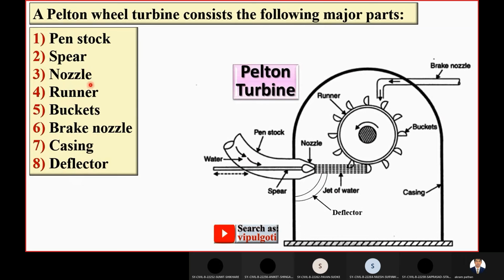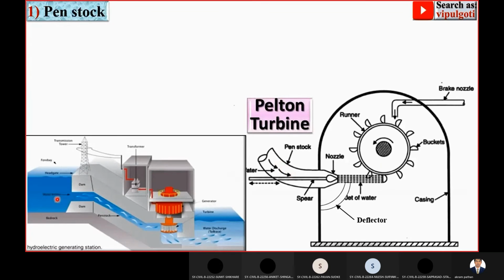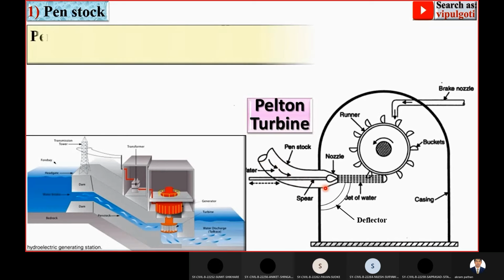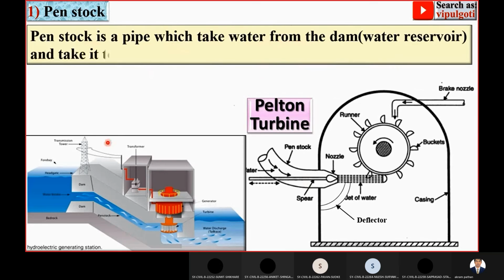Now one by one let us see the assembly, starting with the penstock. Penstock means a large diameter pipe which is connected to the dam, and its outlet is connected to the turbine's inlet.